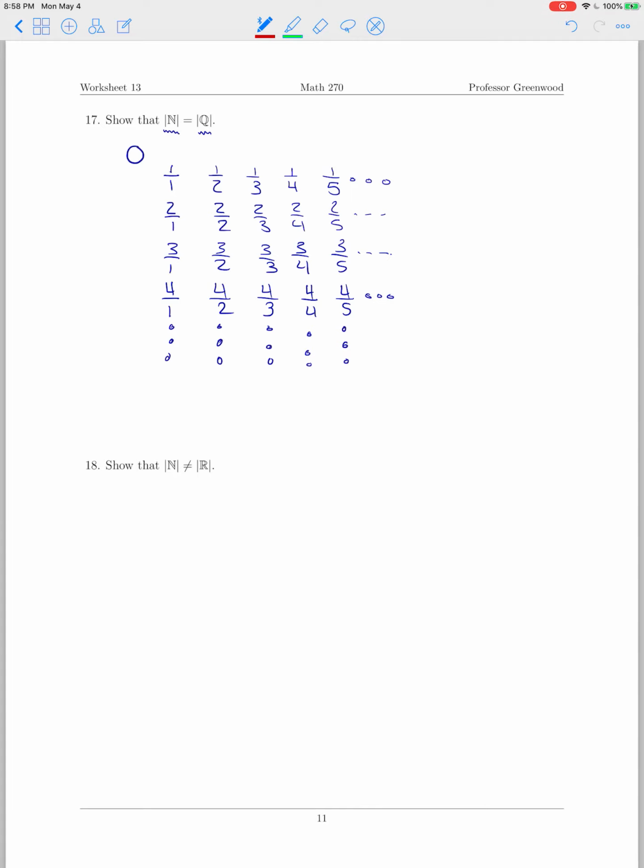And so the way we can do that is by reading up diagonals. And so I'm going to read up this first diagonal here, and then I'll read up the second diagonal, and then I'll read up the third diagonal, and then the fourth one, and so on. All right, so I'll read up the diagonals, and then I'm also going to have to skip repeats.